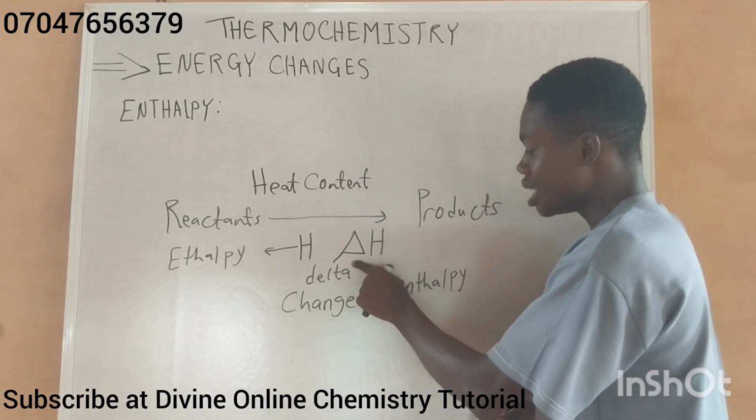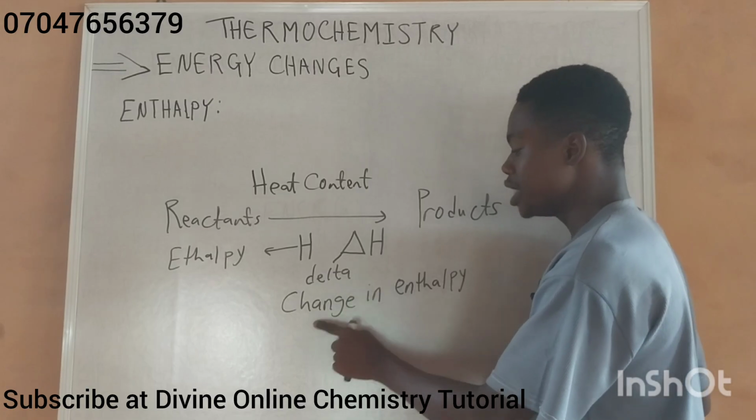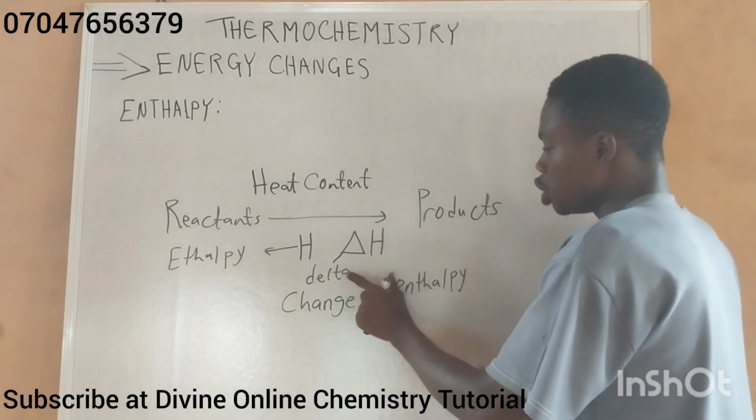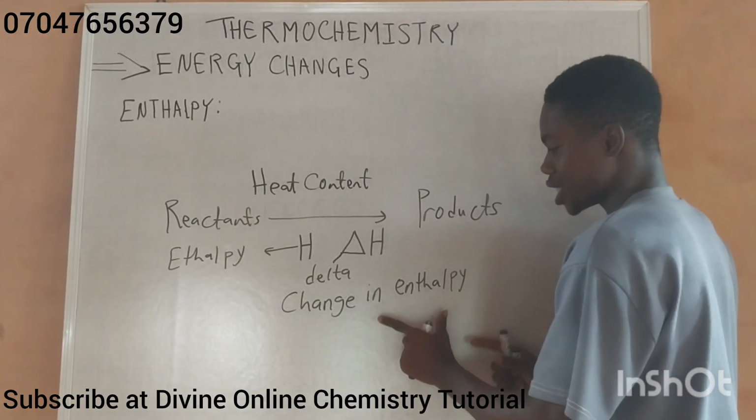This symbol is known as delta, and the meaning is change in, whereby this H is known as enthalpy. So if you combine the two of them together, we have change in enthalpy.